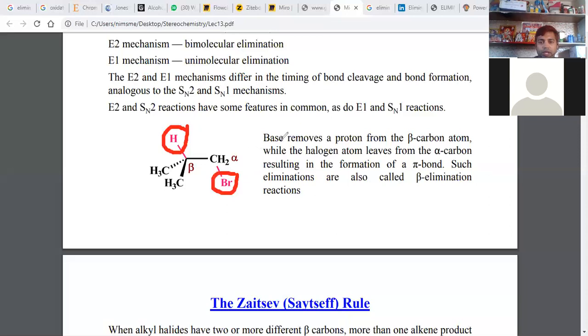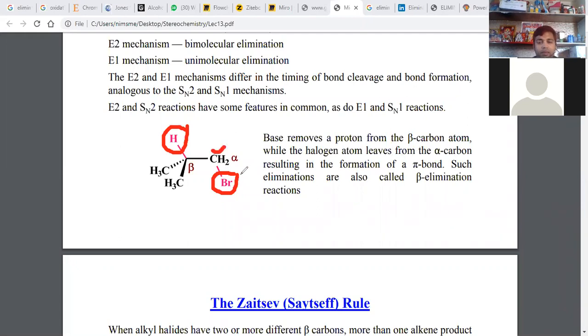The base removes the proton from the beta carbon atom, while the halogen atom leaves from the alpha carbon. This is our alpha carbon.